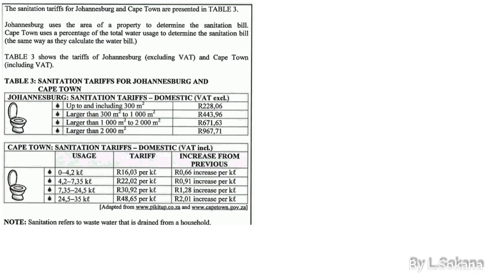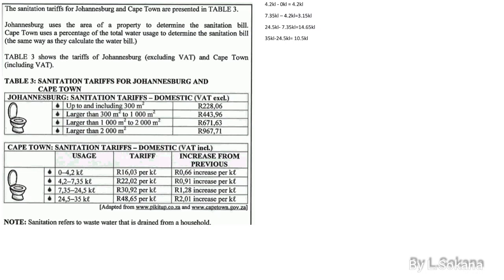So the first thing to do here is to find the difference in the usage of water. On the first block, we'll subtract what's on the left from what's on the right, meaning we'll subtract 0 from 4,2 kiloliters. On the second block, we'll subtract the highest value on the first block from the highest value on the second block.